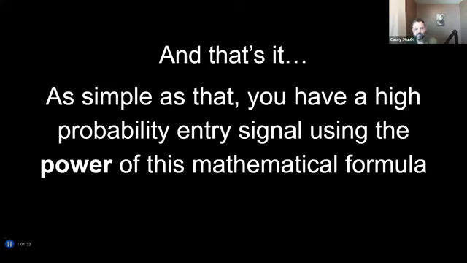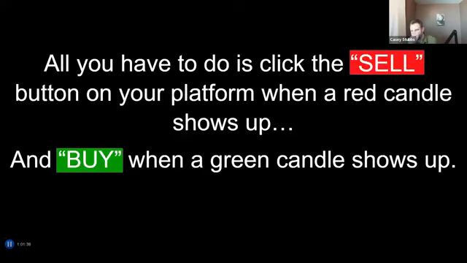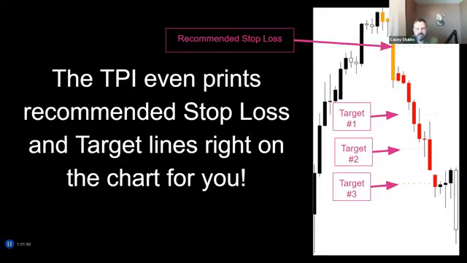You have a high probability entry signal using the power of this mathematical formula. All you have to do is click the sell button on your platform when a red candle shows up, and click the buy button when a green candle shows up. The TPI even prints recommended stop loss and target lines right on the chart for you.